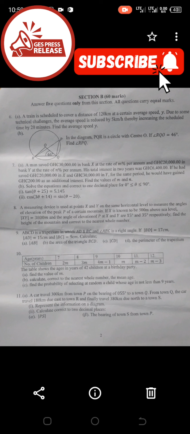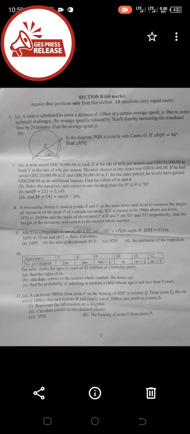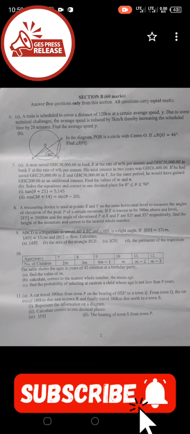If he had saved 20,000 in X and 30,000 in Y for the same period, he would have gained 200 cedis as additional interest. Find the values of m and n. B, that's 7b. Solve the equation, correct to one decimal place, for 0 degrees less than or equal to angle less than or equal to 90 degrees.